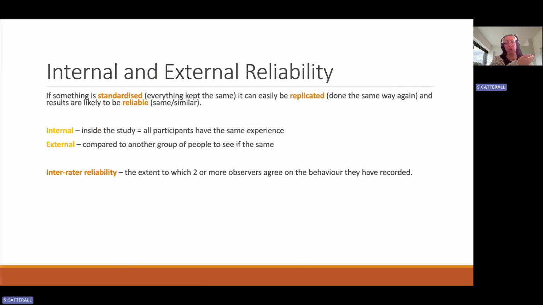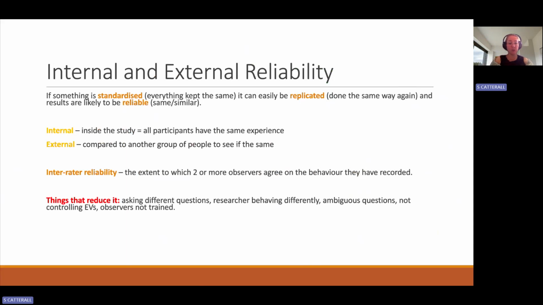We haven't got it. You could argue, so you don't need to put high or low. You can if you want. But then that means that there's observer bias. So that means that some of them, or both of them, are observing subjectively, because if they got high inter-rater reliability, it would mean that they were being objective about what they were observing. So it's an important measure in observations to take.